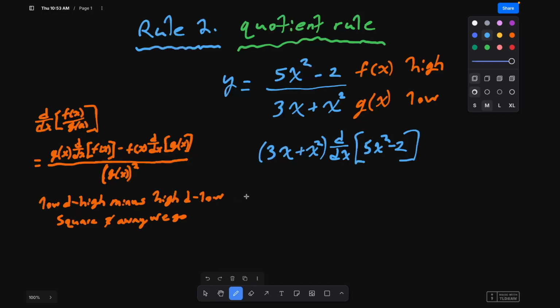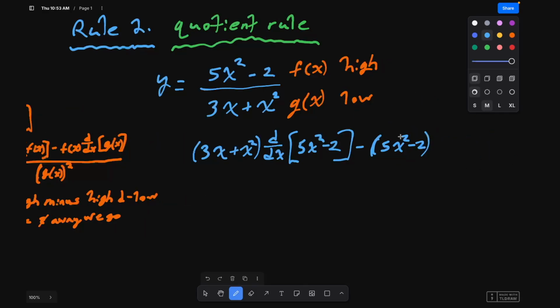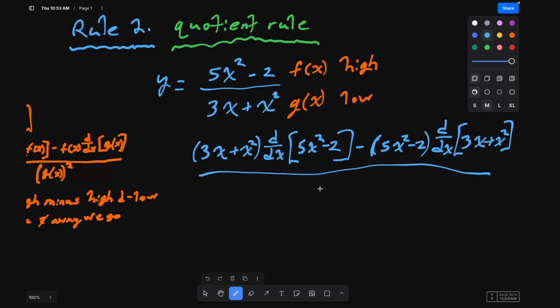So we did low d high, and then we have a minus, then we have high, our numerator, multiplied by the derivative of our low, the denominator. And our last step, which is very easy to forget, and I have forgotten it on exams, is to divide by the low squared, by the denominator squared. So 3x plus x squared squared.